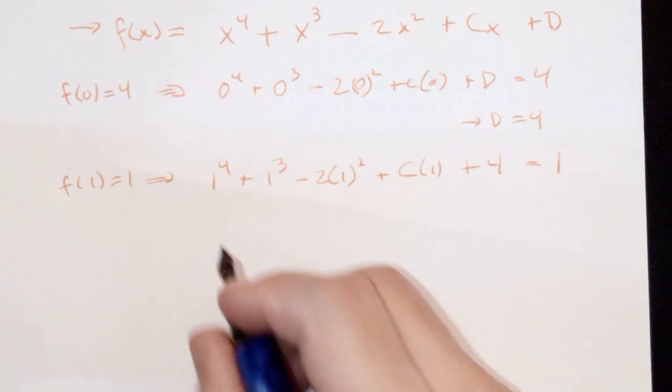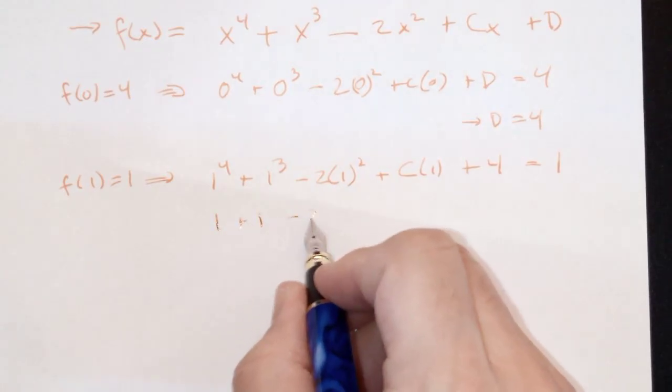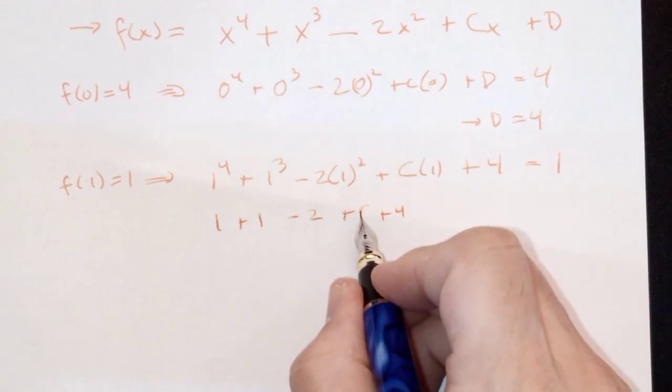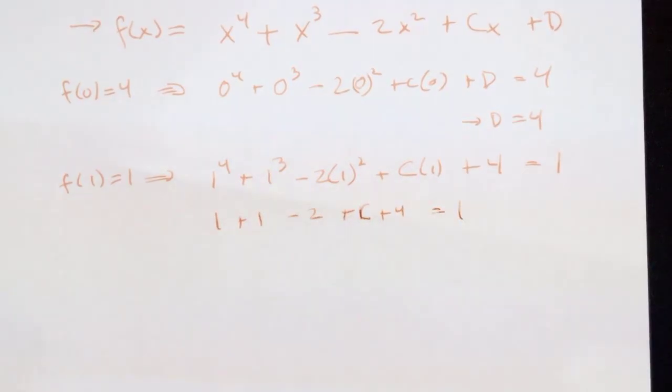One raised to any power is a 1, so this is 1 plus 1 minus 2 plus C times 1 plus 4 equals 1.